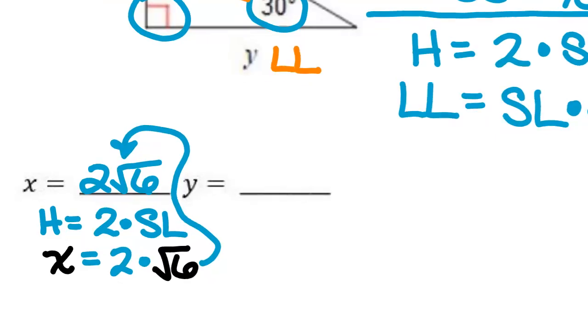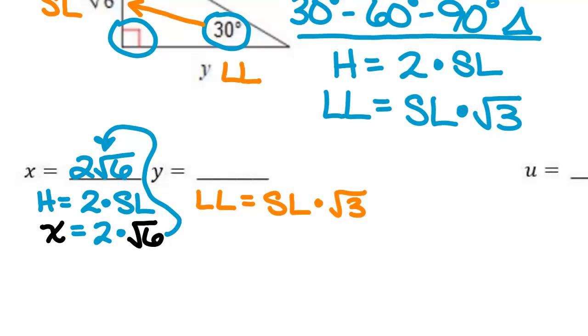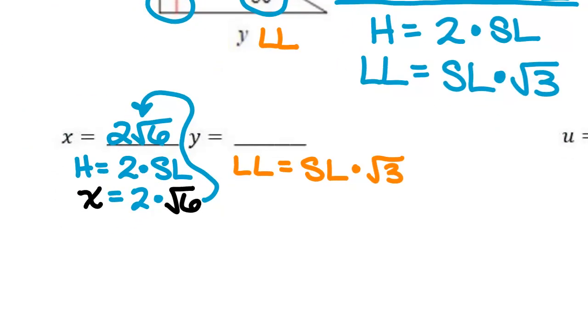y is which side? Long leg. So we're going to use our long leg formula. Long leg equals short leg times the square root of 3. So I have y equals radical 6 times radical 3.